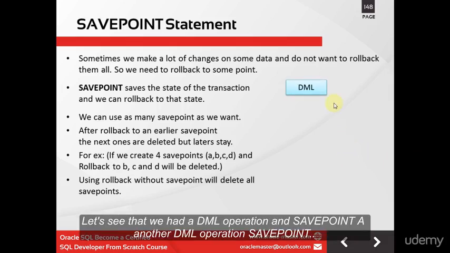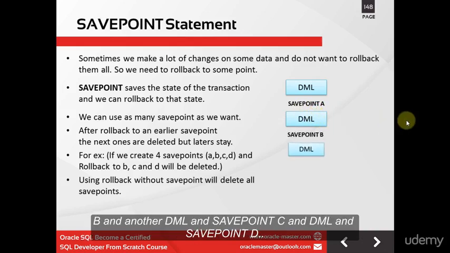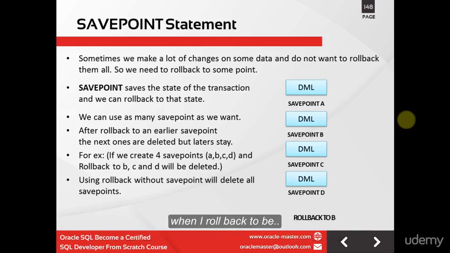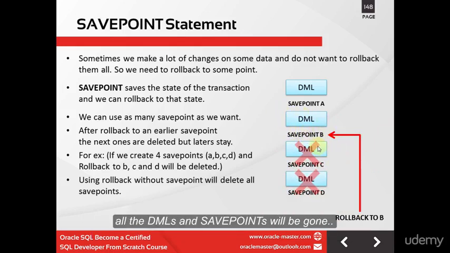Let's say that we had a DML operation and SAVEPOINT A, another DML operation and SAVEPOINT B, and another DML and C and DML and SAVEPOINT D. When I roll back to B, all the DMLs and SAVEPOINTs after it will be gone. It will be rolled back to this position.